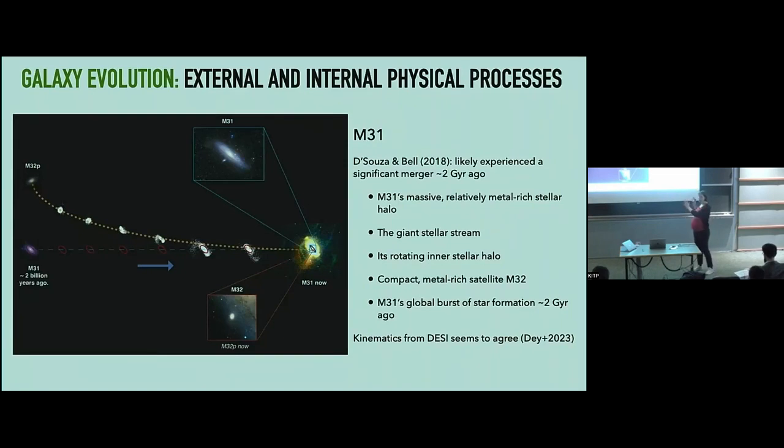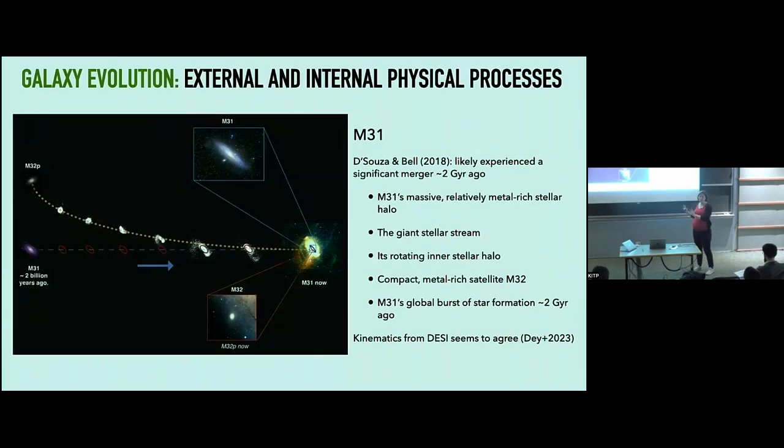In both of these cases, this is still obviously under discussion in the literature. But to me, they're interesting examples. But these are only 2 galaxies. So to actually get to general physics, we'd like to go further out.